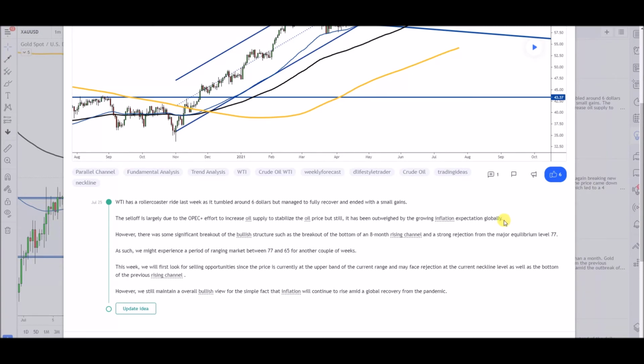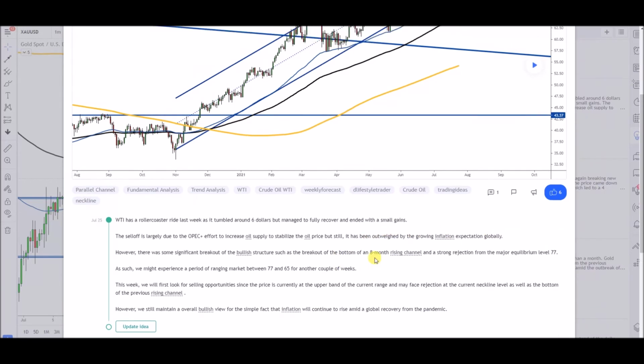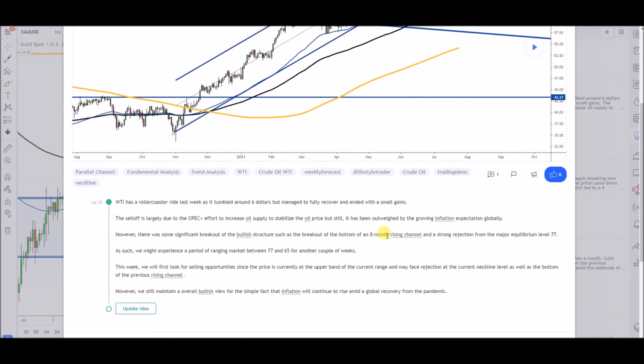However, there were some significant breakouts of the bullish structure, such as the breakout of the bottom of an 8-month rising channel and a strong rejection from the major equilibrium level at 77. As such, we might experience a period of ranging markets between 77 and 65 for another couple of weeks.